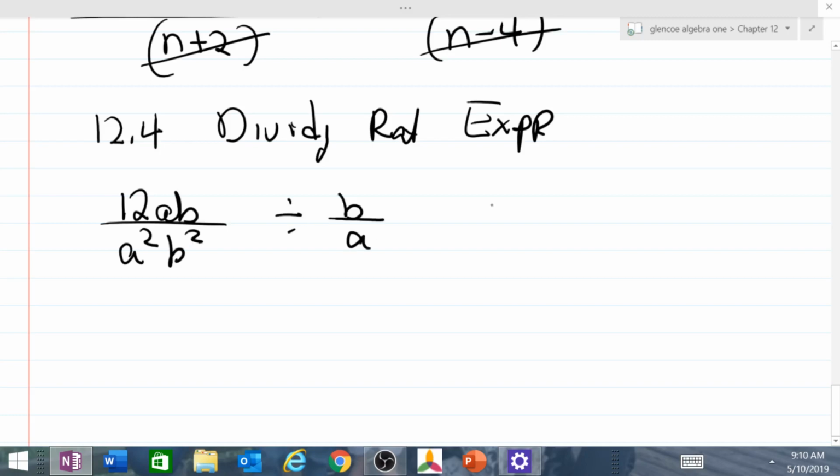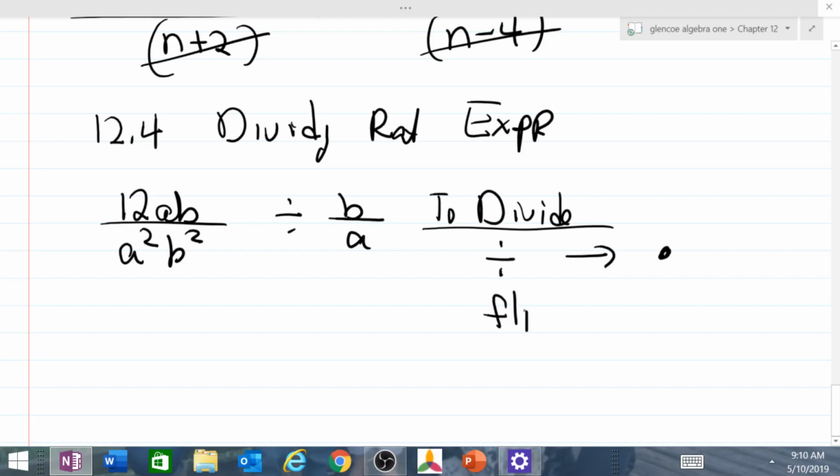So when you divide, remember, the division sign becomes a multiplication sign. Flip the second fraction, and remember to factor each numerator and denominator.